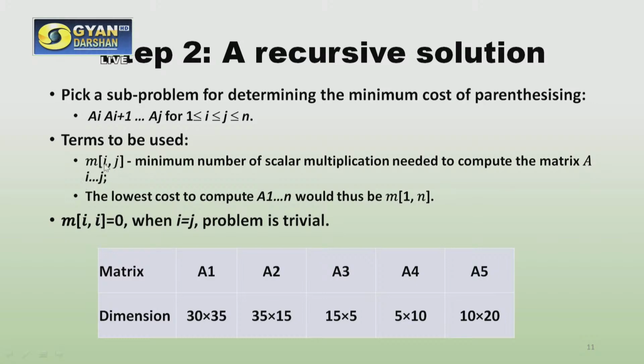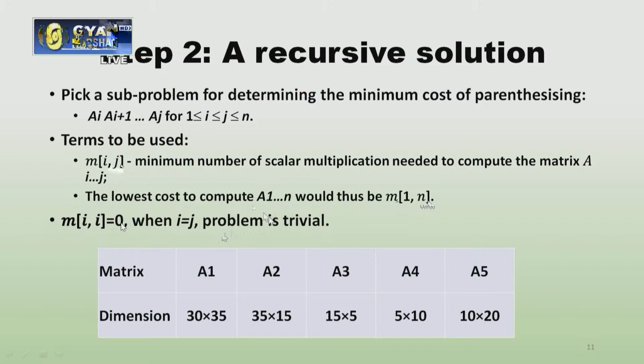That is our basis of determining. The second thing is the lowest cost. What we need to determine is that M1 to N should be minimum, so I has to be 1 and J should be N. If this is minimum, then all the subproblems will also be minimum.